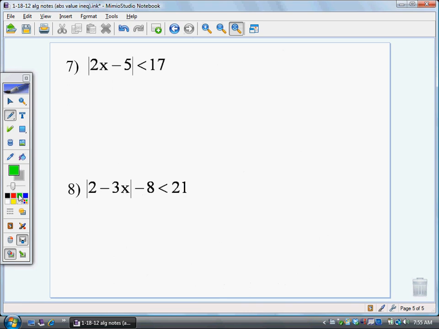Okay, and number 7. If we sketch our number line again, we have 17 this time. It's 17, negative 17. Absolute values that are less than that would be to the left of 17, and to the right of negative 17. So those are going to be our two inequalities that come from these two arrows.